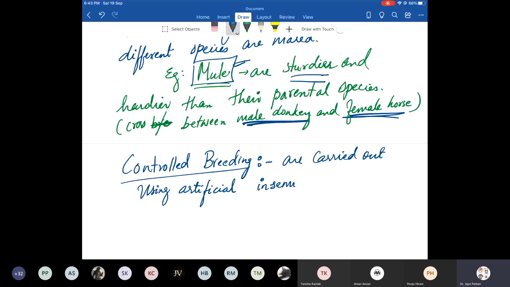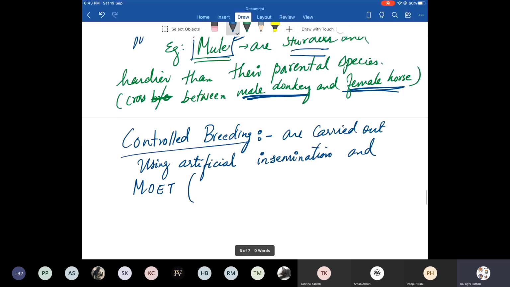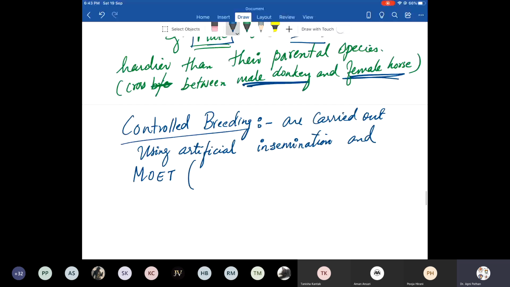What is MOET? The full form is important. We'll discuss this. Multiple Ovulation Embryo Transfer technology. Again, a very important MCQ question.